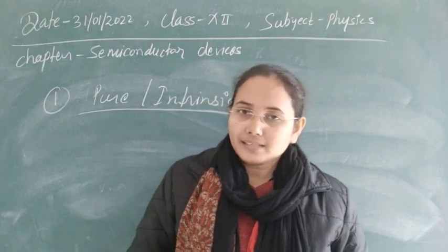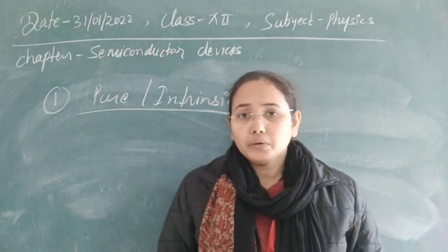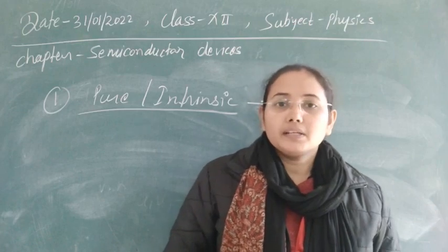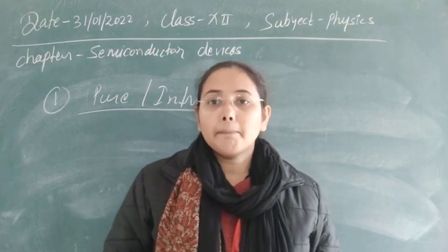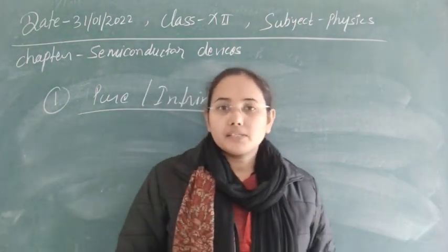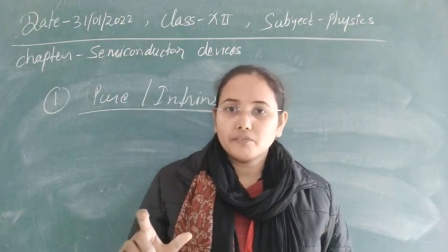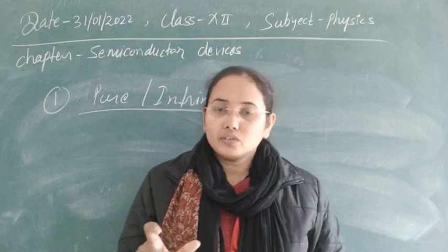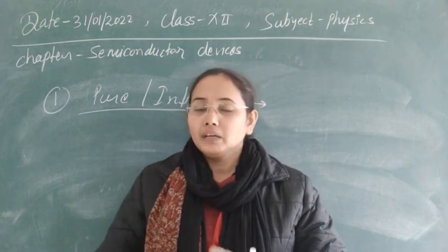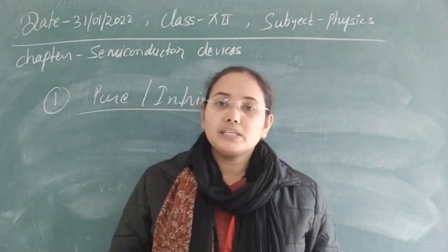For conduction, we need to convert our semiconductor materials into materials that have a number of charge carriers. In the case of a conductor, there is a large number of free electrons, and those free electrons carry electrical energy with them, which is why current can flow very easily through these materials.